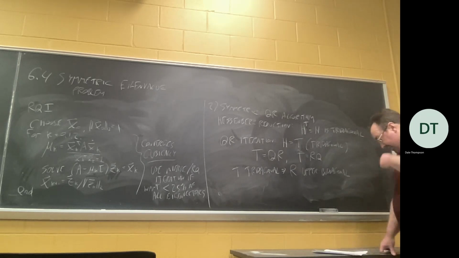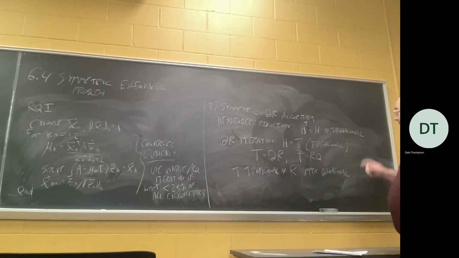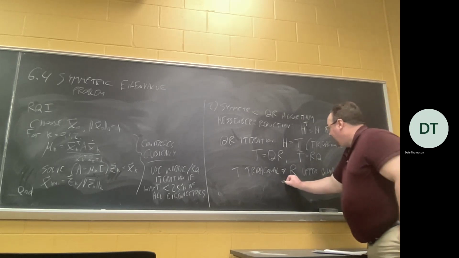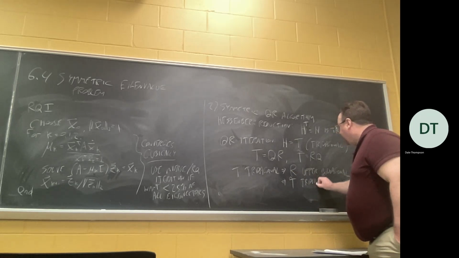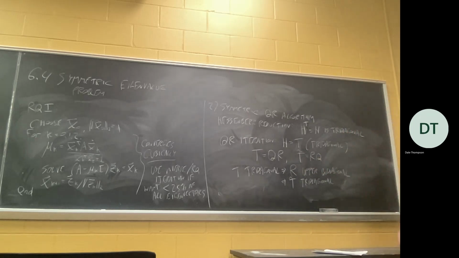Everything else is zero. Another way of putting it, it has upper bandwidth of 1. And because of that, you can then show that T tilde is also tridiagonal. So just as the Hessenberg structure is maintained when you do this QR and RQ, a tridiagonal structure is maintained.